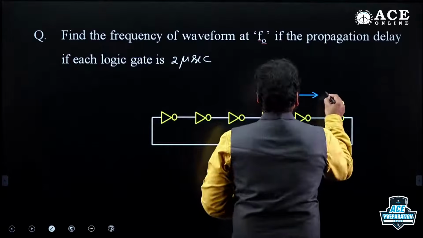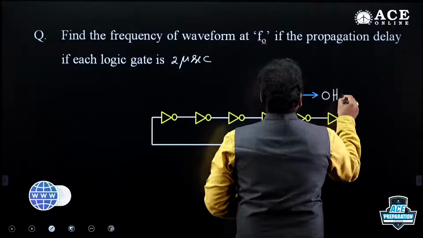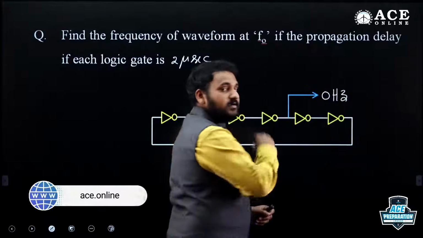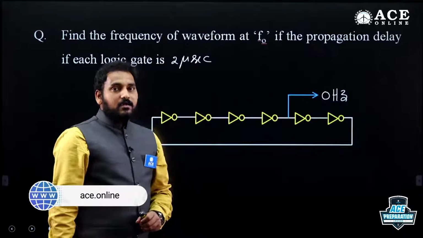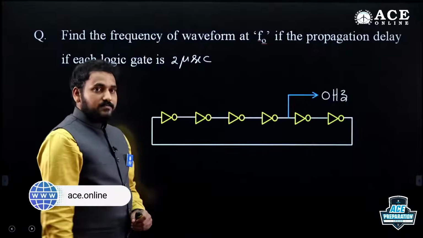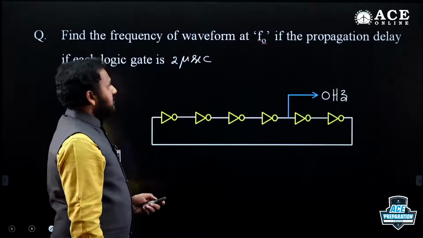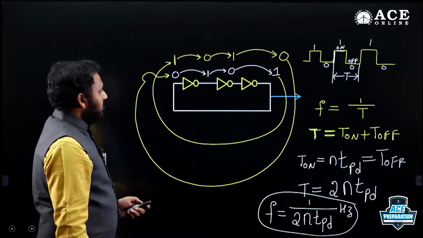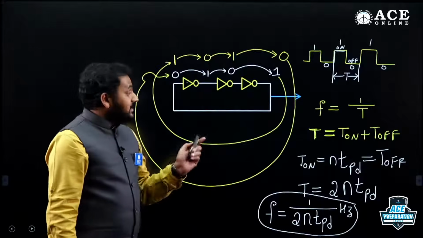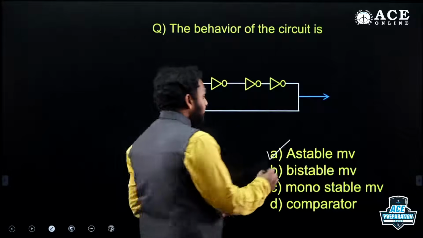The answer is 0 hertz. That formula will not work for this problem. We cannot use that formula for this circuit. Sir, why? Because, my dear friends, this formula is valid for an astable multivibrator only.